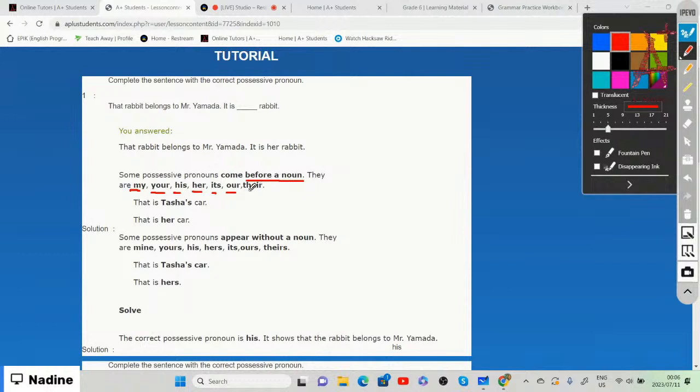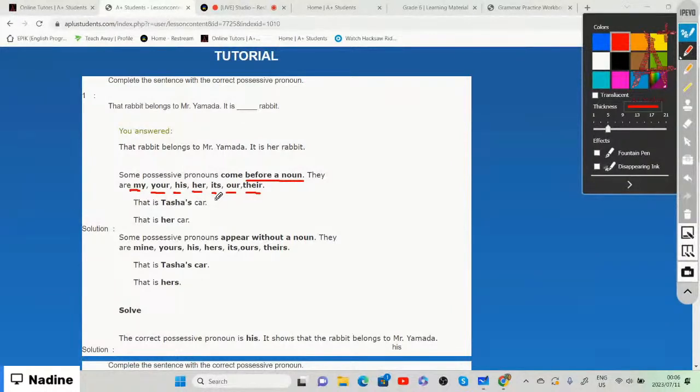So those are but a few possessive pronouns. And we see that possessive pronouns come before a noun. They are my, your, his, her, its, our, their, right? Those are possessive pronouns.